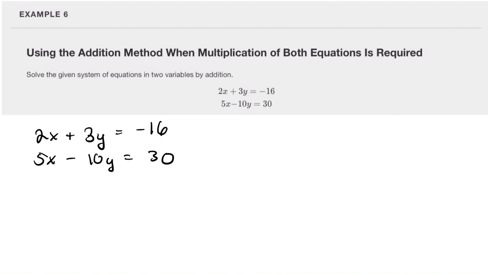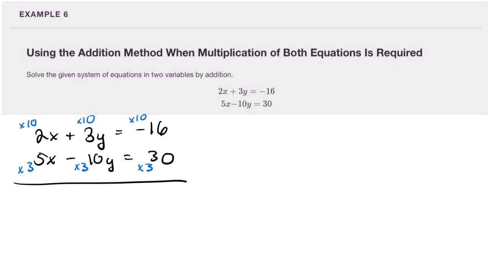Now, if I want to eliminate the y's, I need them to have the same coefficient with opposite signs. So I'm going to get both of those y's to 30 with opposite signs. The first one, I need to multiply by 10, so times 10, times 10, and times 10. With the second one, I need to multiply by 3, so times 3, times 3, and times 3.